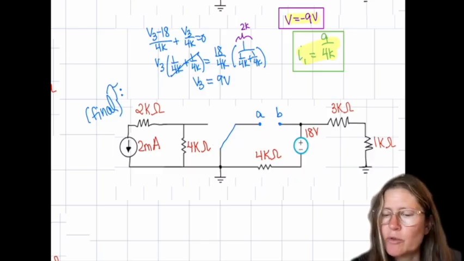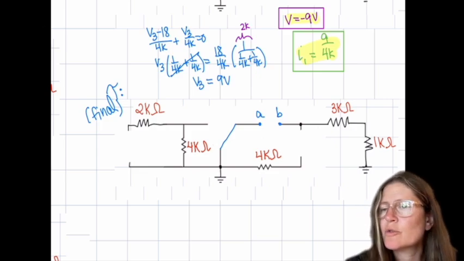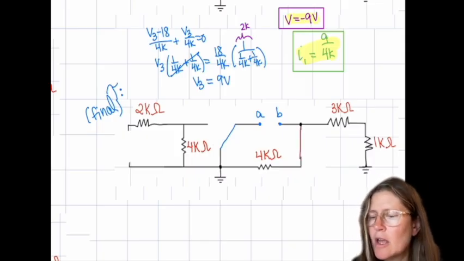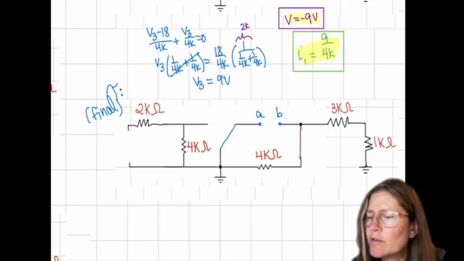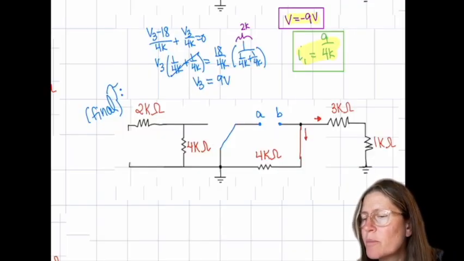So removing the sources, the current source goes to an open, and the voltage source becomes a wire. And so here at B, to get back to ground, I'm going to have a split of both of these.